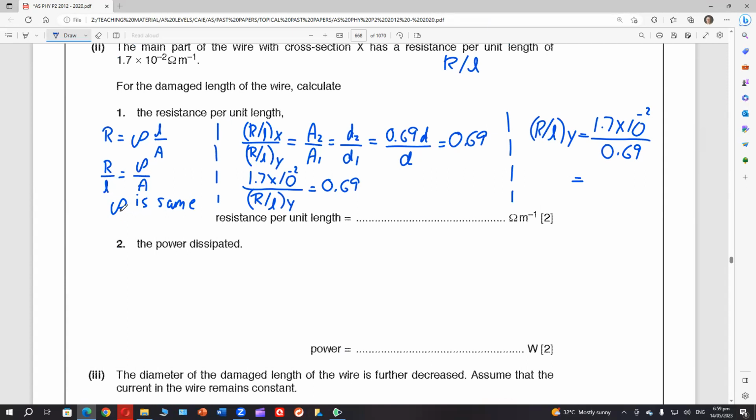The power dissipated. So we need resistance somehow.